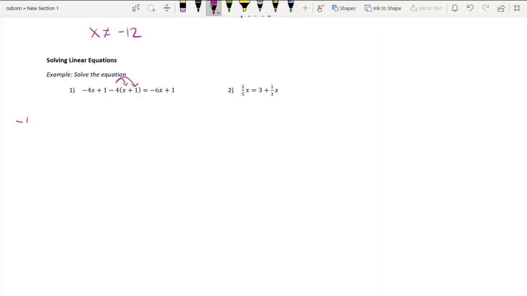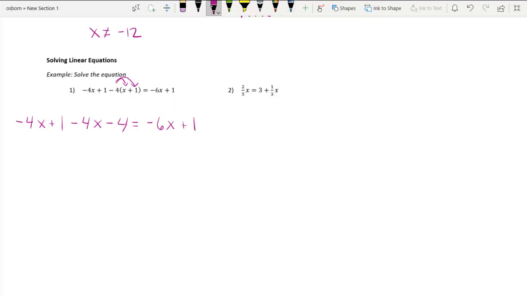That gives me negative 4x plus 1, just rewriting the first part. Now I distribute that negative 4, so that's negative 4x minus 4 is equal to negative 6x plus 1.